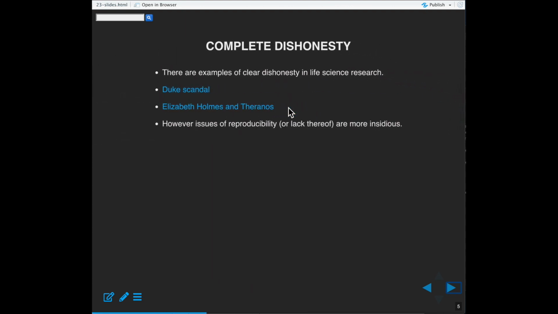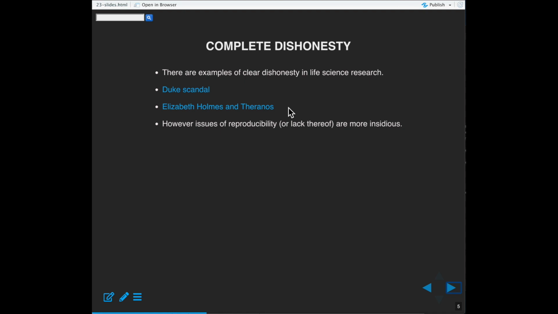Okay. What I don't mean here by the reproducibility crisis is absolute, obvious, complete dishonesty, and there are clear examples of that. Now, my opinion, it's just my opinion, is that the research community is actually incredibly efficient at self-policing. We don't have tremendous numbers of scandals with the fabrication of data or the intentional misanalysis of data.